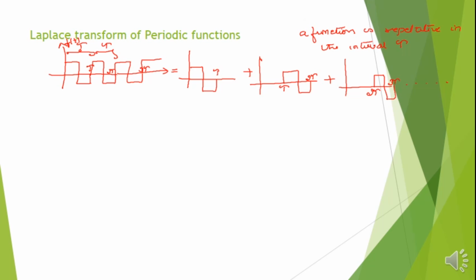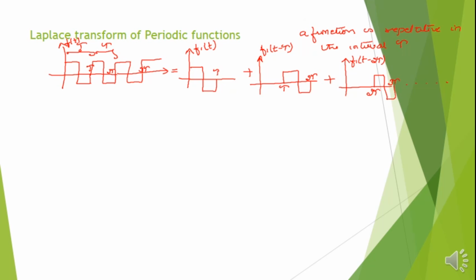Suppose I take this as f1 of t. Then what about this signal? This signal is a shifted version of this, and the shifting is tau. So I will write this as f1 of t minus tau. This signal is a shifted version of this, but the shifting is 2 tau. So I can write this as f1 of t minus 2 tau.